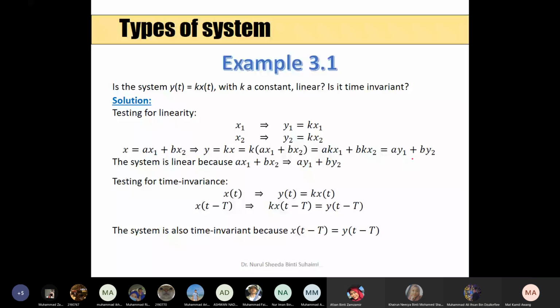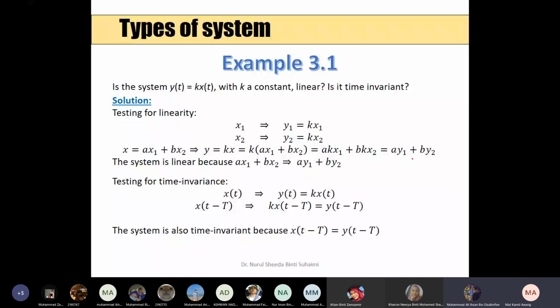To test the linearity, basically x1 will produce y1 and x2 will produce y2. So x1 will produce y1 equal to k x1, and x2 will produce y2 equal to k x2.